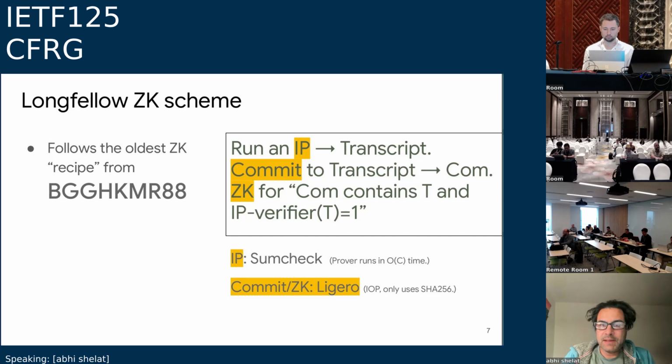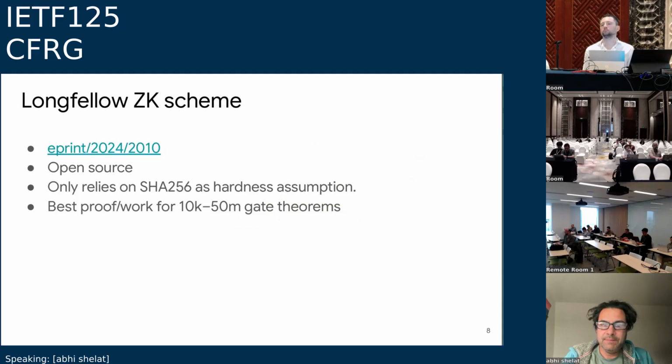Okay, so that brings us to the Longfellow scheme. We follow one of the oldest recipes for producing zero knowledge. We can come back to this slide if anybody's interested in how we produce this, but we have two components in it. We have a paper about this. It's open source.